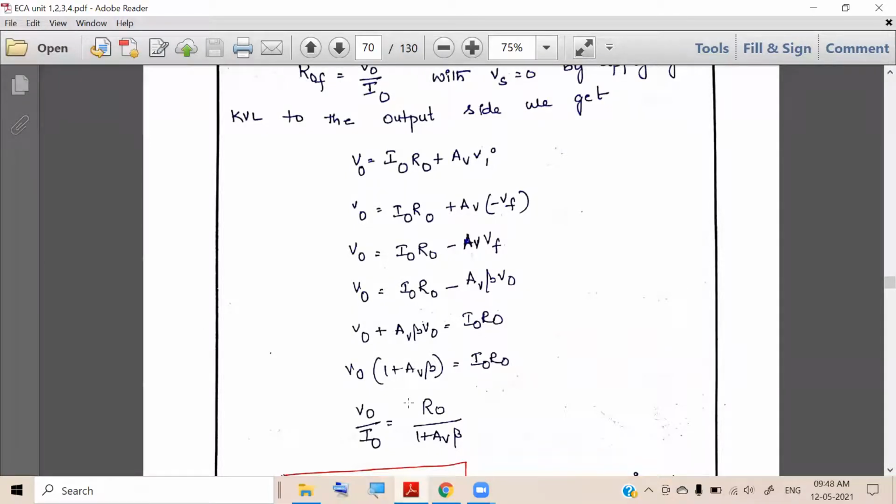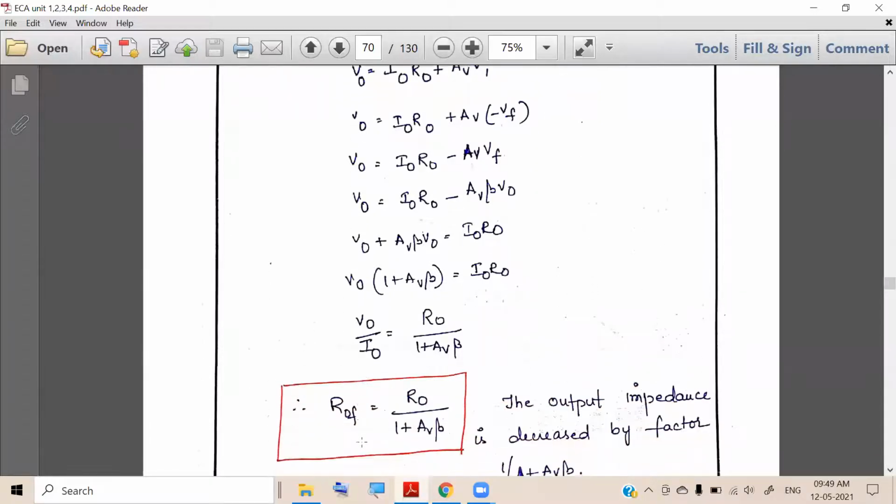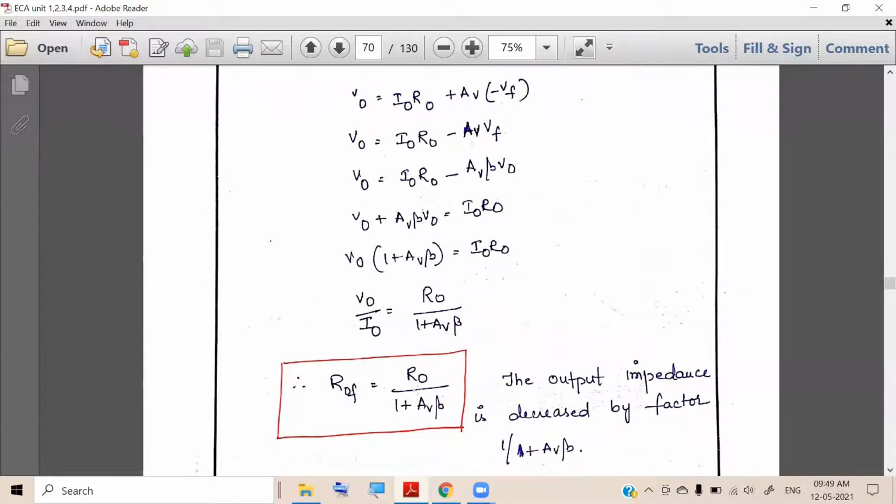So from this, let us cross multiply this I naught here, and 1 plus AV beta to the other side. So V naught by I naught will be R naught by 1 plus AV beta. V naught by I naught is nothing but R naught F. So R naught F is R naught by 1 plus AV beta.